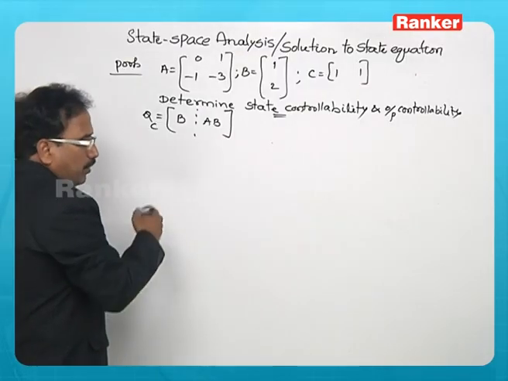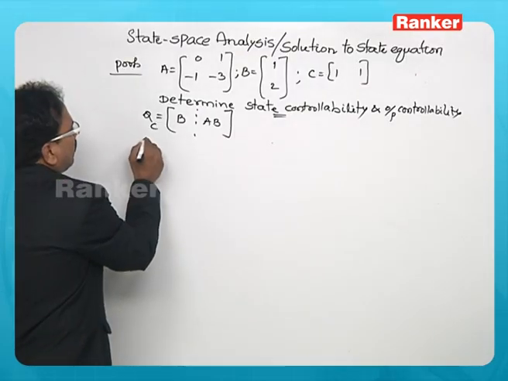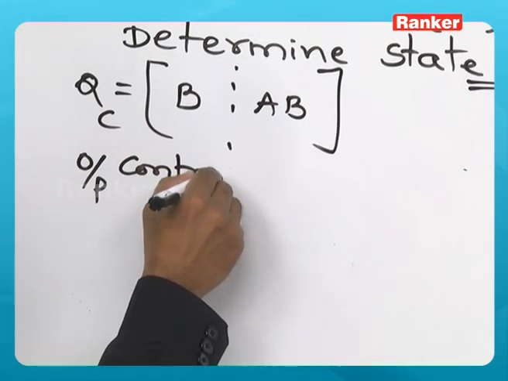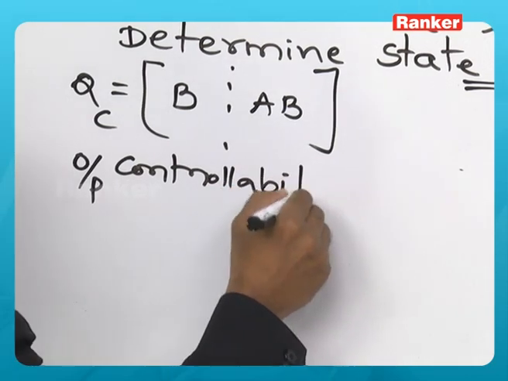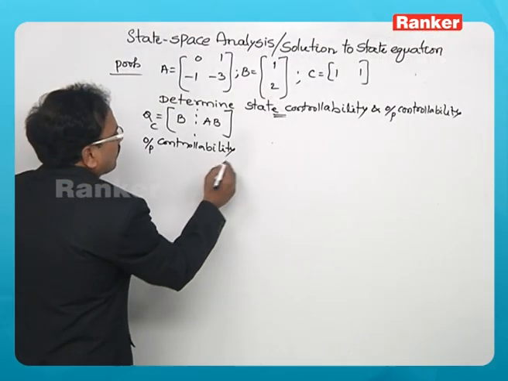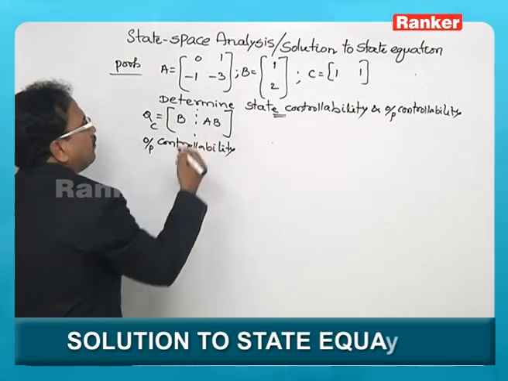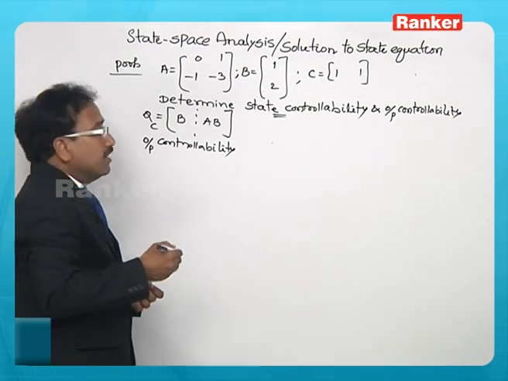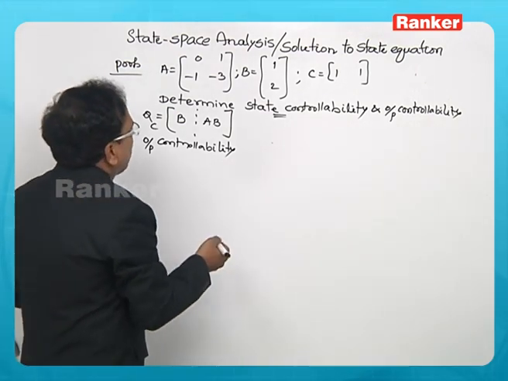Similarly, if you want to see the output controllability, this is given by the elements, you need to multiply the QC by C matrix, where C matrix is the output matrix.